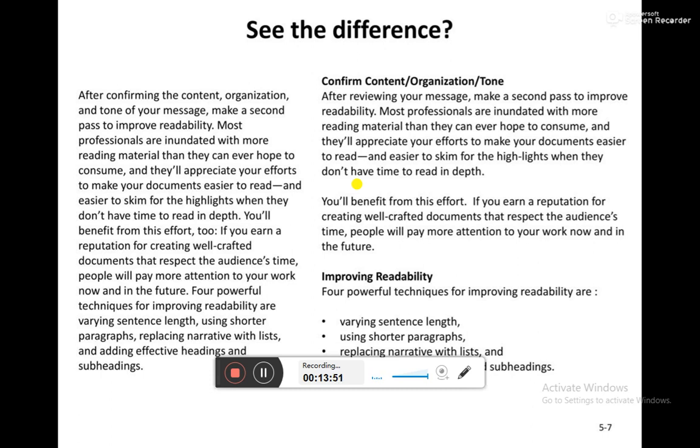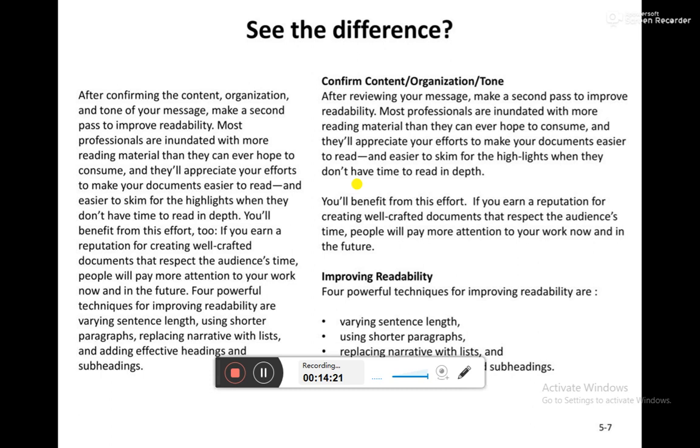After confirming the content, organization, and tone of your message, make a second pass to improve readability. Most professionals are inundated with more reading material than they can ever hope to consume, so make your documents easier to read and easier to skim.